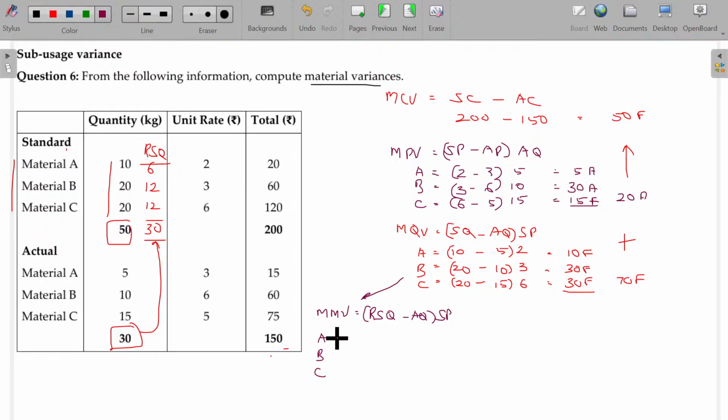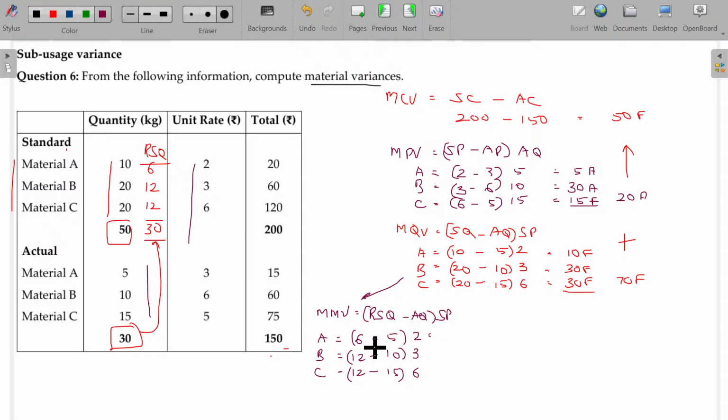Now come on. Calculate here. RSQ being 6, 12, 12. AQ being 5, 10, 15. And your standard price being 2, 3, 6.